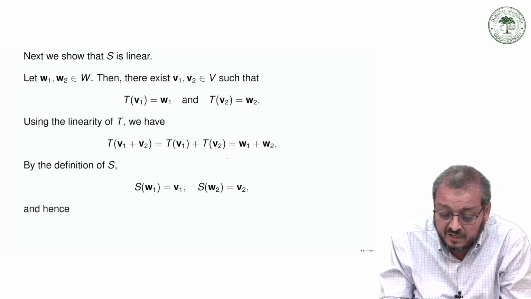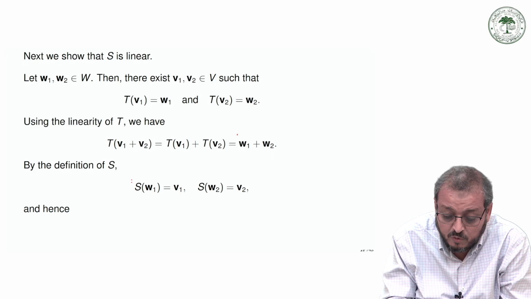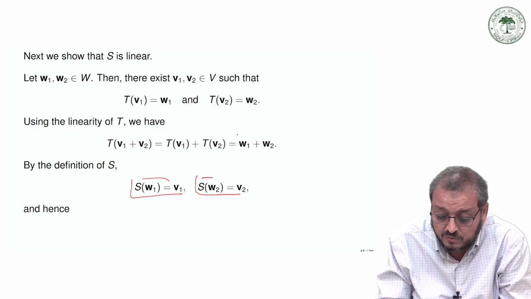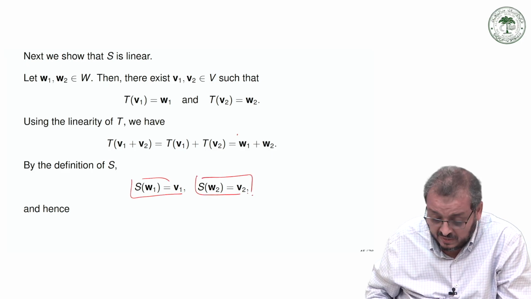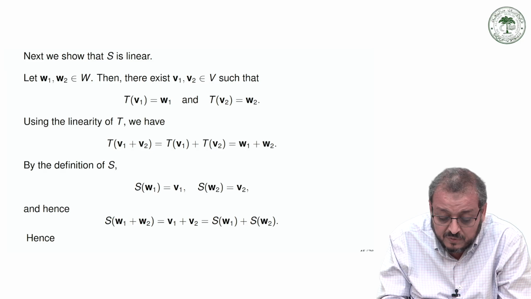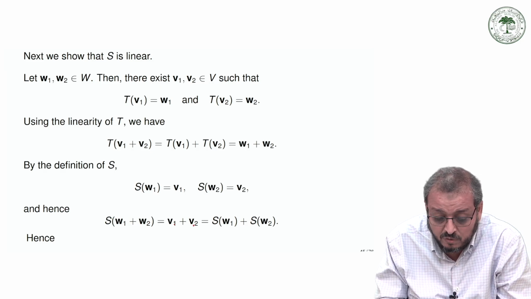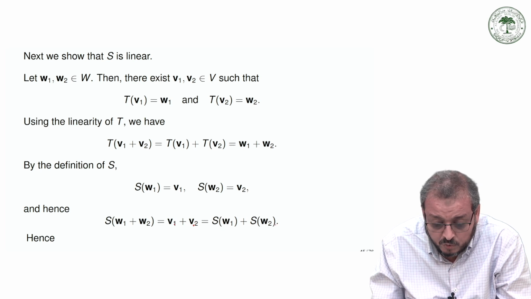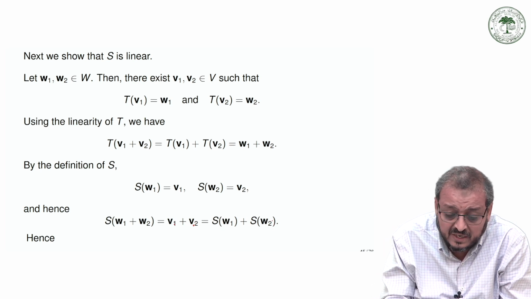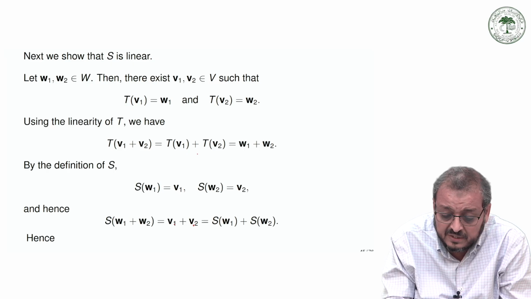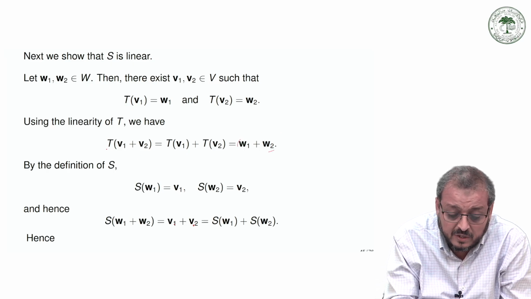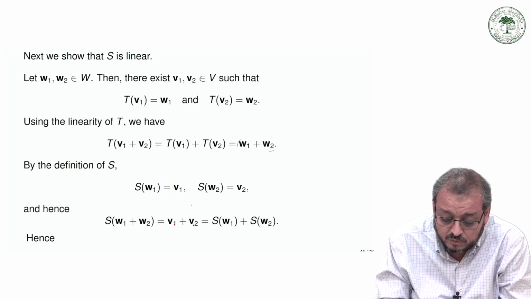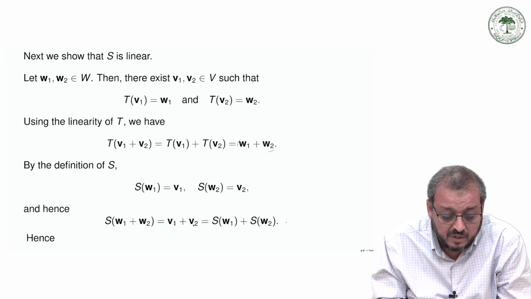By the definition, S of W1 is equal to V1 and S of W2 is equal to V2, and hence S of W1 plus W2 is equal to V1 plus V2, which is S of W1 plus S of W2. So S is additive by the linearity.